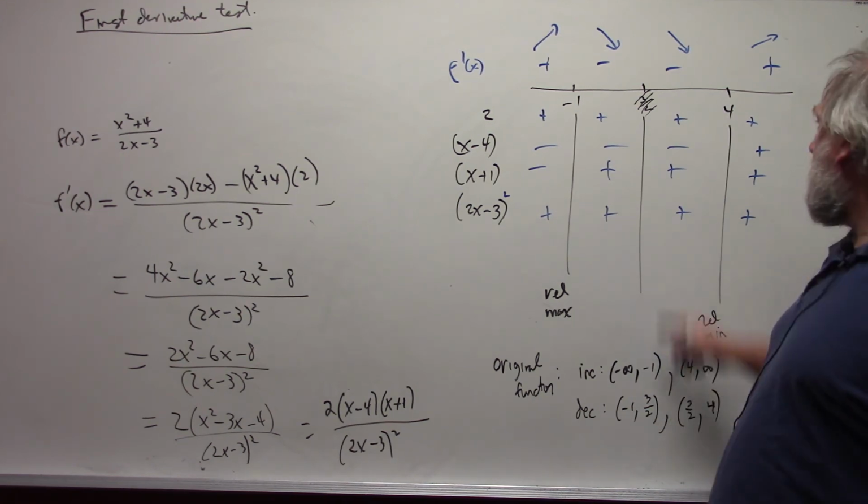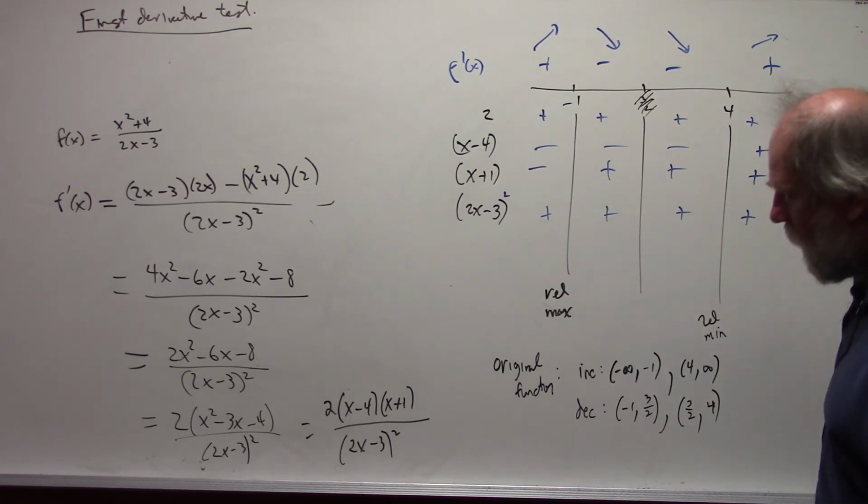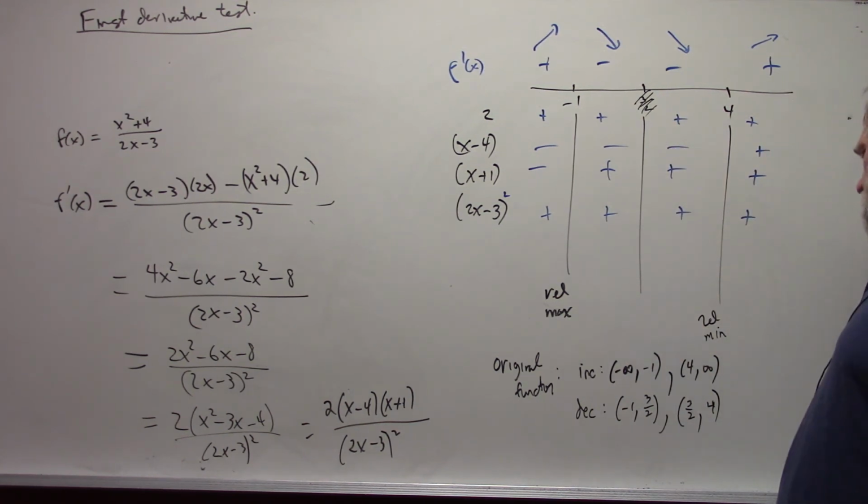You cannot include 3/2, it is not in the domain. So it's not decreasing at that value. Okay?